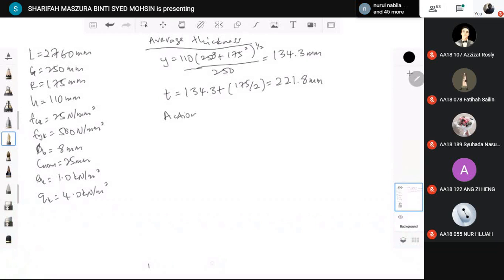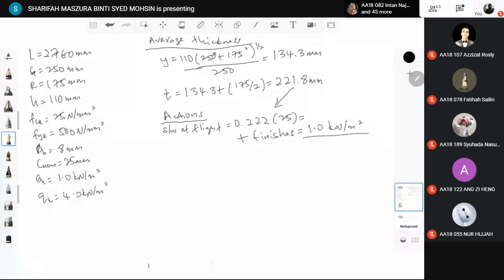So for our case, we only have flights, there's no landing. So self weight of the flight will be 0.222 times concrete density, plus finishes 1.0, get total.